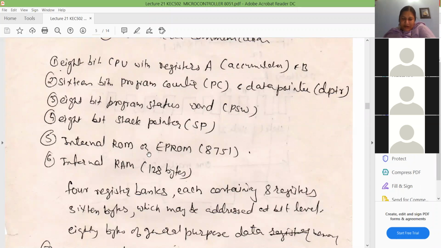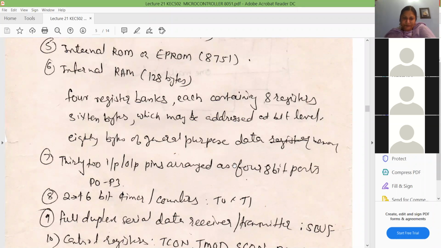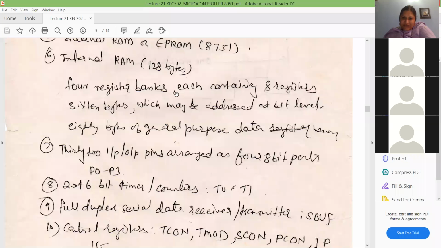Then you have internal ROM of 4K byte. You have internal RAM of 128 bytes. Then you have 4 register banks, each containing 8 registers, that is from R0 to R7, and 16 bytes which may be addressed at bit level.